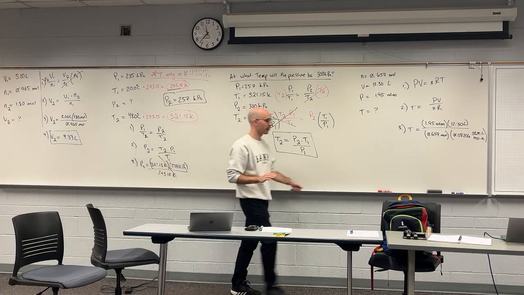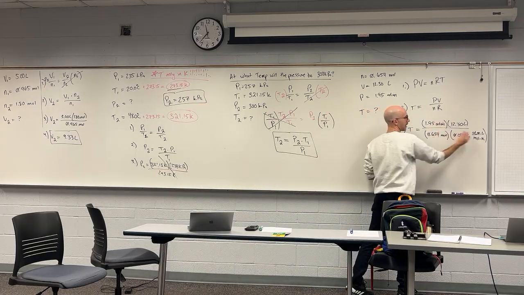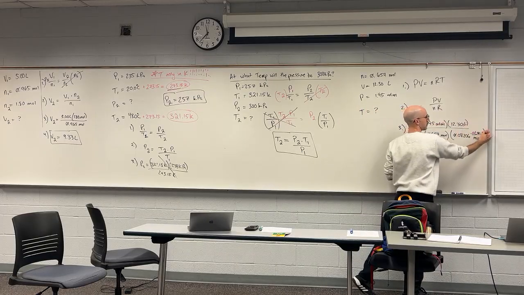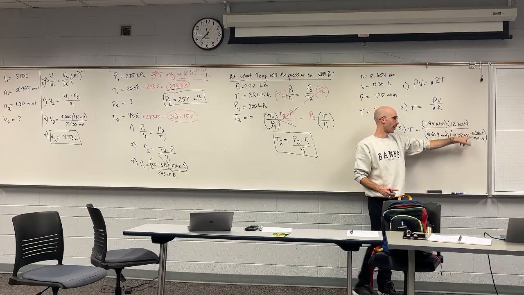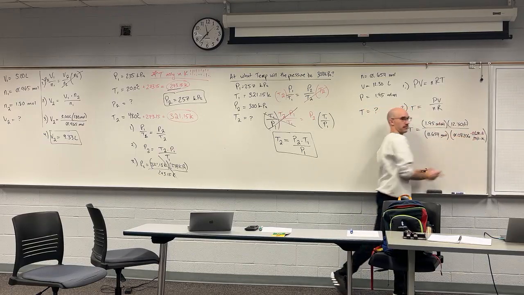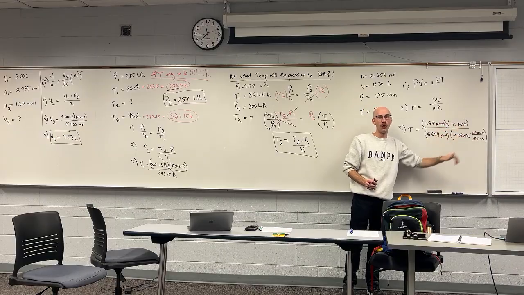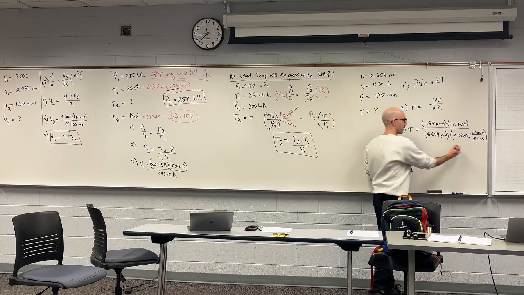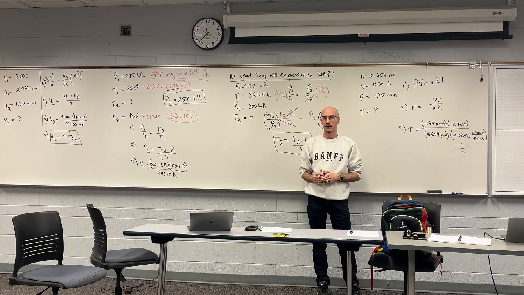Now let's make sure that our units cancel. Atmospheres on the top divided by atmospheres. Liters divided by liters. Moles times 1 over moles. And I'm left with 1 over Kelvin. What is 1 over Kelvin? Kelvin.